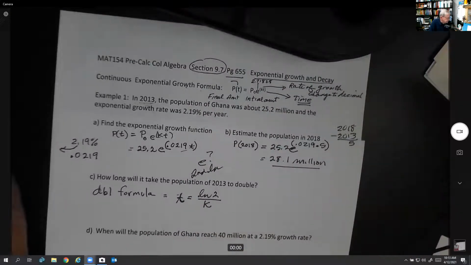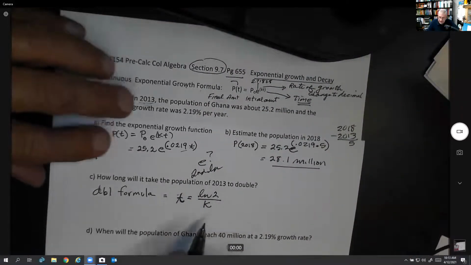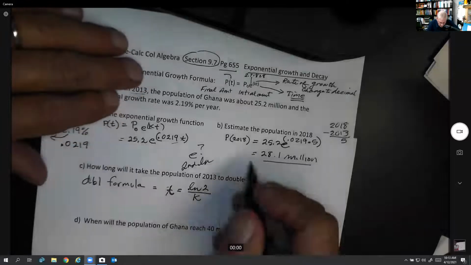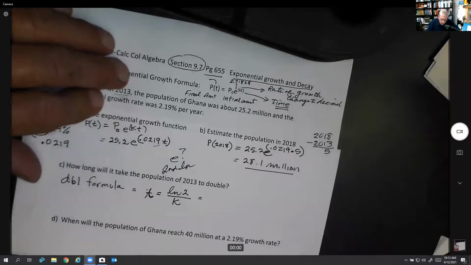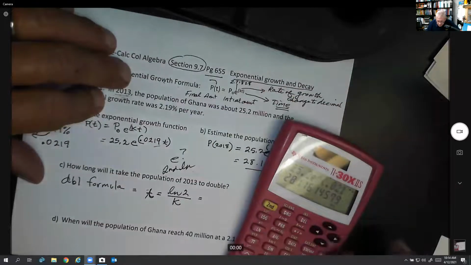So instead of doing all these steps, this is kind of a shortcut way of doing it. So we're going to find ln 2 on our calculator.